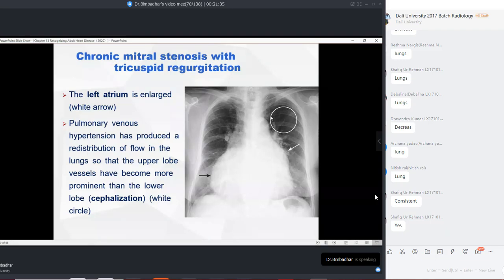But you also look very carefully here. The right side of the heart size is also increased, and now this cardiac shadow has completely silhouetted and replaced the shadow of the lungs here. And you see here the acuity of the cardiophrenic angle. How can I recognize if there is a right atrial hypertrophy or left ventricular hypertrophy, any cardiac chamber enlargement?